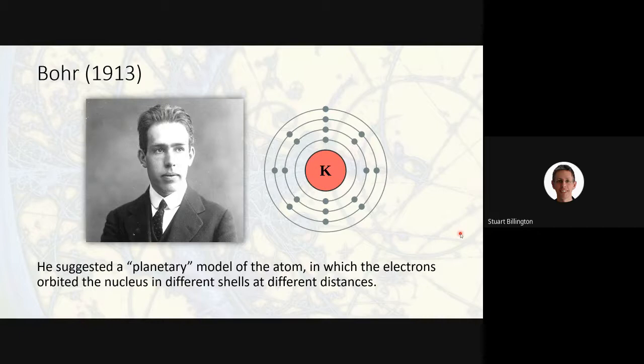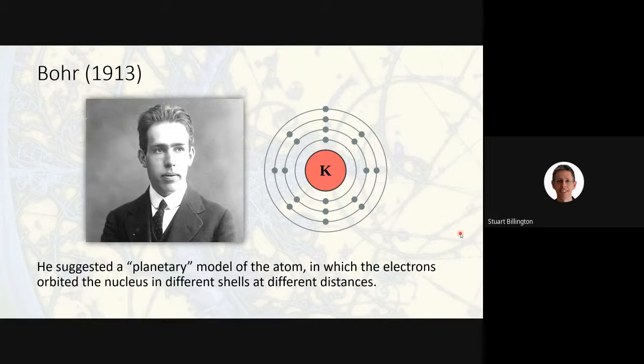And he's had to do that to explain chemical reactions, and he also had to do that to explain how light interacts with atoms, and how when a photon of light is absorbed by an electron in a shell, it's promoted to a higher orbit. And then when the electron drops back down to its ground state again, or to a lower state again, it releases a flash of light of a very particular frequency. So these are the line spectra that we spoke about at GCSE, and that you'll look at again when we do cosmology later in year 13. And Bohr has had to invent these shell orbits in order to explain all those things.